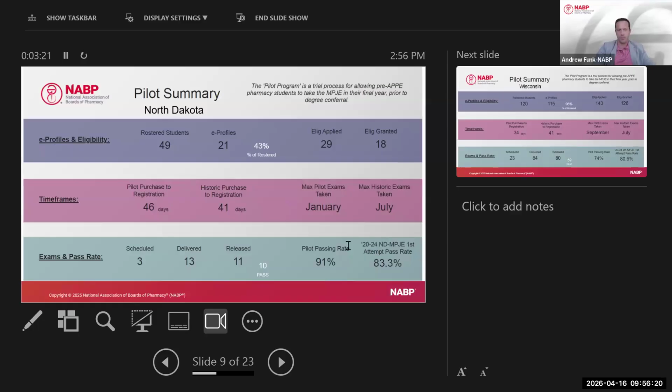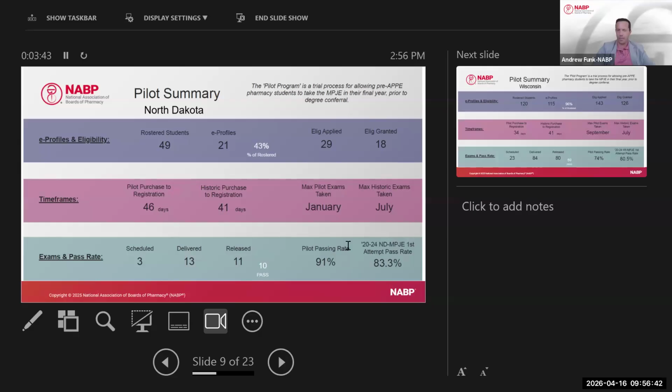In North Dakota, these are the results from the first year of their early administration of the MPJE. You'll see here, down at the bottom, a really small cohort of individuals who participated in the first year.